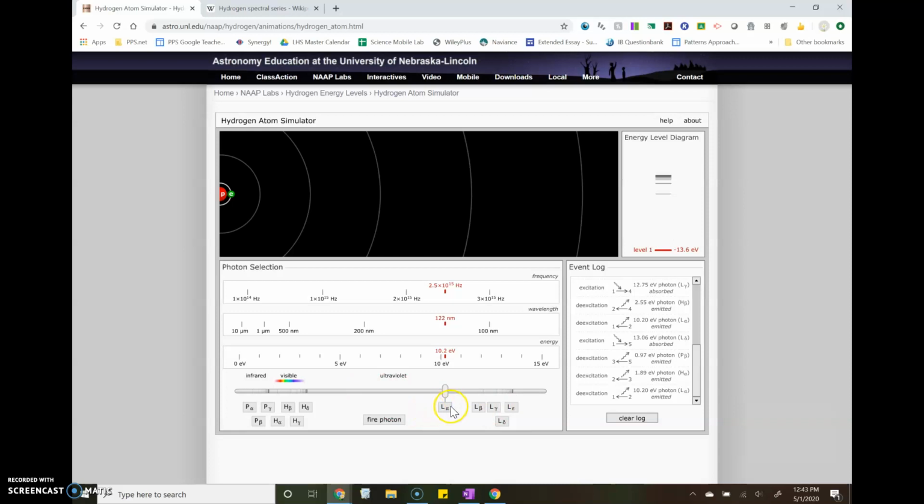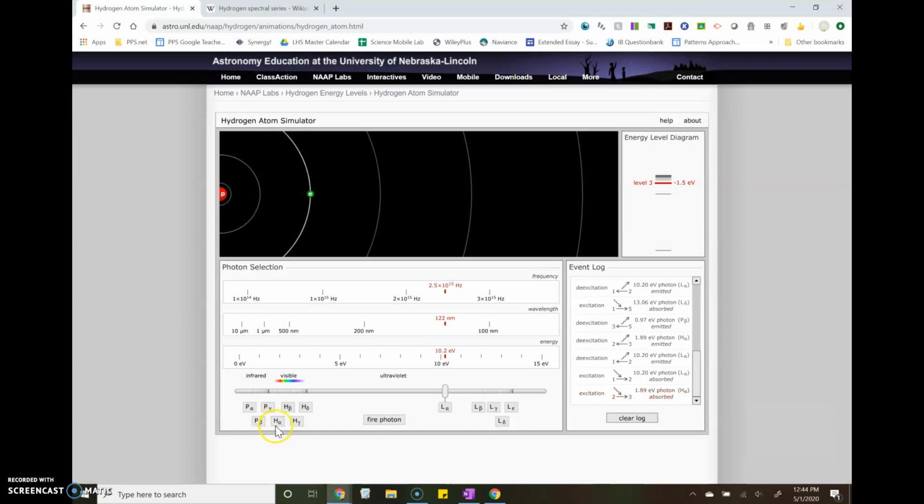Okay, let's try something here. I asked you guys to come up with a combination of frequencies that you could send at the electron to excite it in a more complex way. So could we get an electron to the first excited state and then to the second excited state?